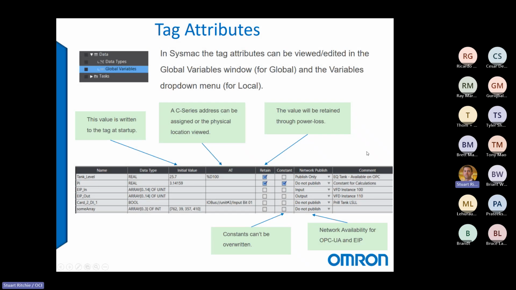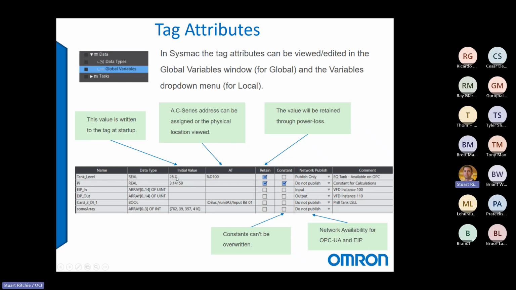Okay, so our tag attributes. So when we make a tag, we can look at our tag database and we can see that tag and the data type. Now, there might be some tag attributes that you aren't used to. So I'm going to touch a little bit on some of the Omron specific ones, or at least maybe some of the ones that you haven't seen on other platforms. So initial value is pretty self-explanatory.